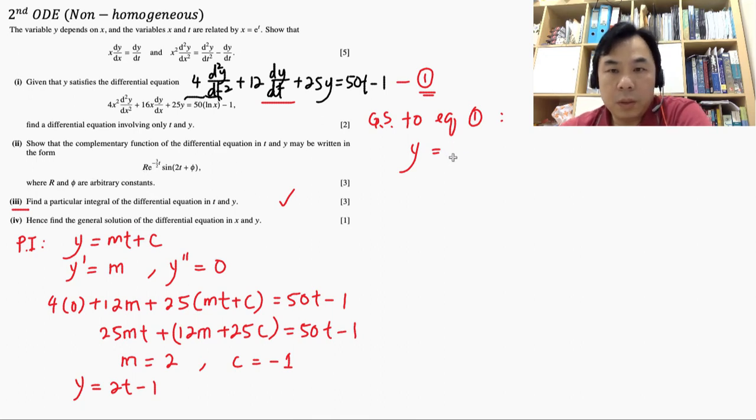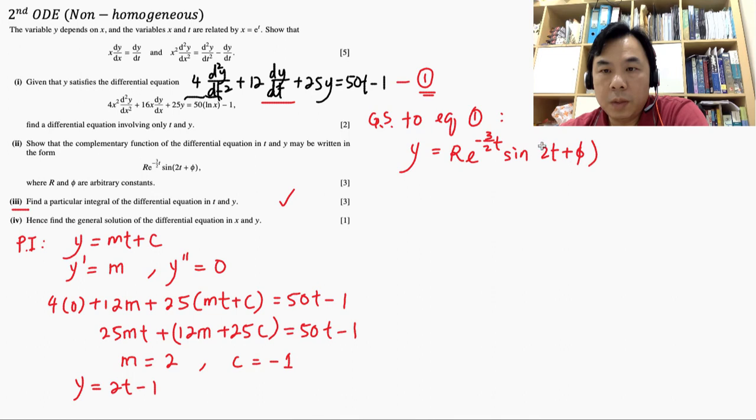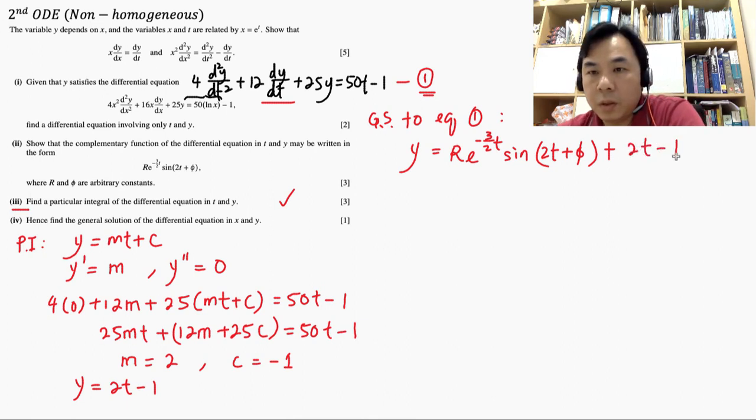Now the complementary function that we have is here, which is given by r e to the negative 3 over 2 t, sine 2t plus phi, and then plus its particular integral, which is 2t minus 1 here.